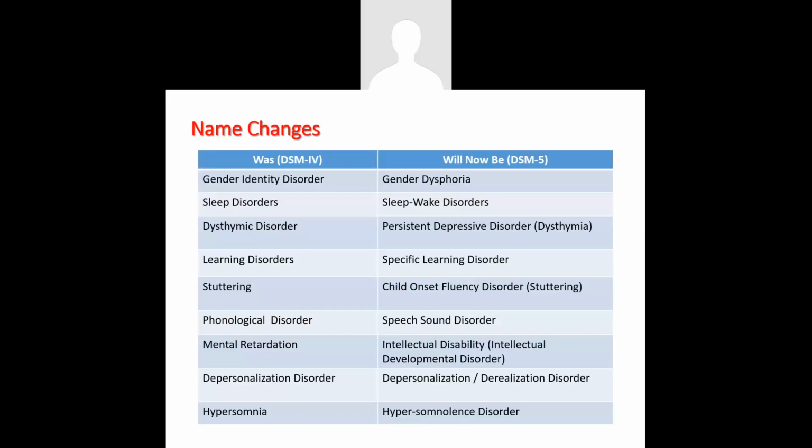A couple of things were pretty much shifted in name, but not necessarily a lot of the actual criteria has been shifted. So notice gender identity disorder to gender dysphoria. That one probably had more change than most. Sleep disorders is now sleep-wake disorders because there are some issues with falling asleep and just being awake as well.